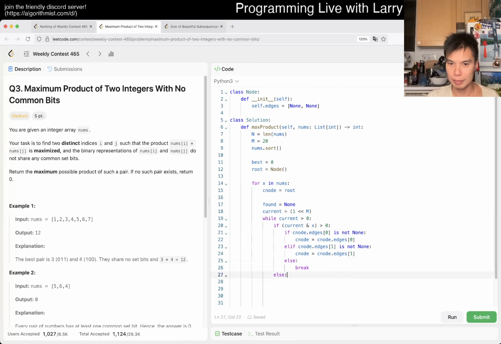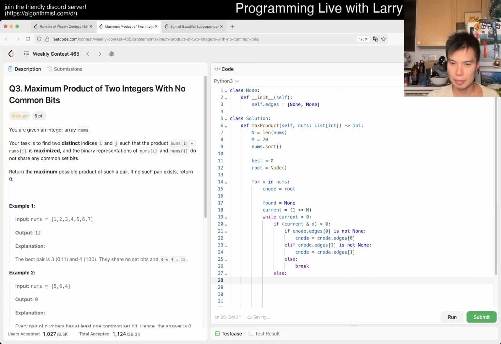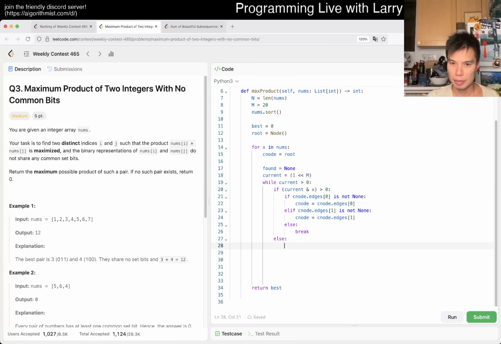Right. Otherwise we have a 0. So then now, in a greedy way, we want to see if 1 is available first.